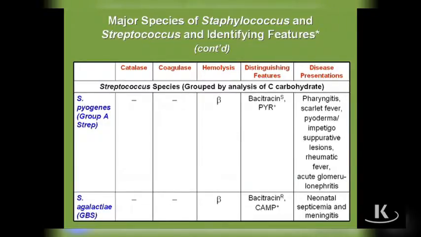Now, one of the ways that the streptococci are differentiated is based on their hemolytic pattern on blood agar. And what did we already talk about? We said that Staph aureus and Strep pyogenes were both beta hemolytic. In addition, Group B strep, or Strep agalactiae, is also beta hemolytic. What does that mean?